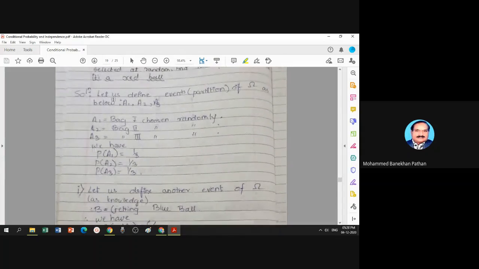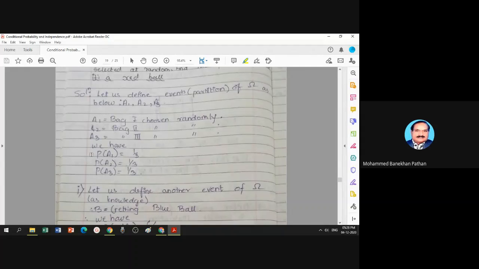Let us define events as a partition of omega. We have A1, A2, A3 as per your last lecture. I define A1 as bag 1 chosen randomly, A2 as bag 2 chosen randomly, A3 as bag 3 chosen randomly.